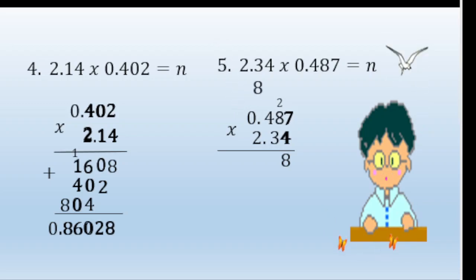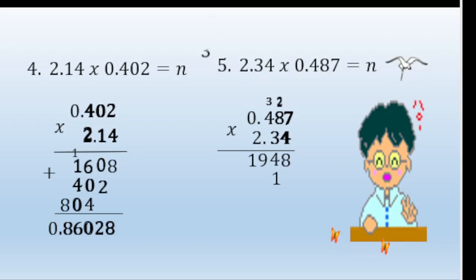Plus 2 is 34. Carry 3. And then 4 times 4 is 16 plus 3 is 19. Then 3 times 7 is 21. Carry 2. 3 times 8, 24. Plus 2 is 26.